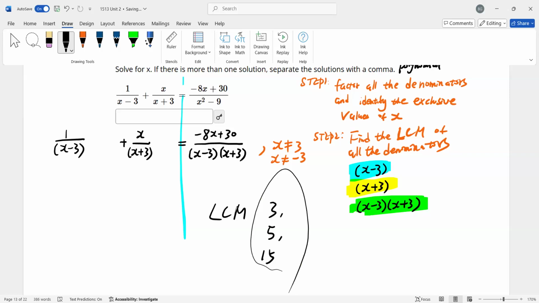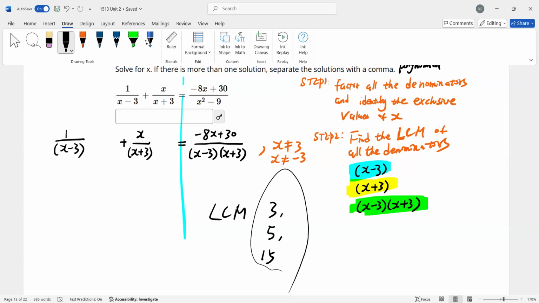The number needs to be a multiple of 3, also a multiple of 5, also a multiple of 15, and it has to be the smallest common multiple of the 3 numbers. Anyone want to give it a try? Is it not just 15?